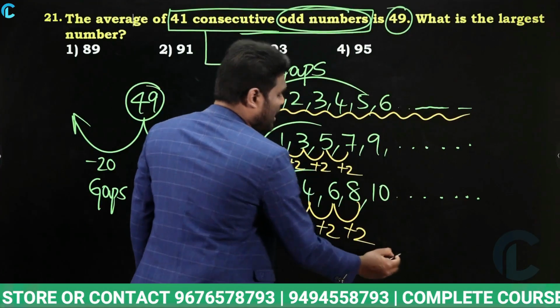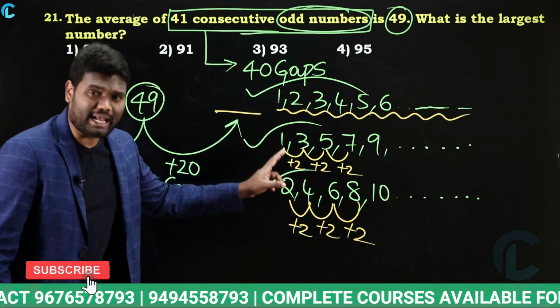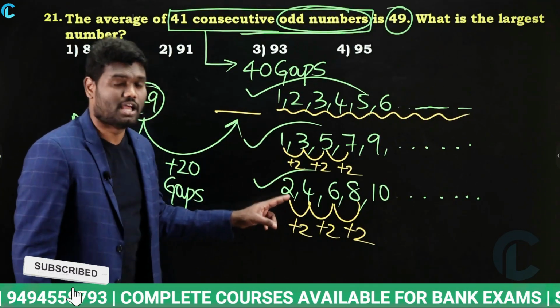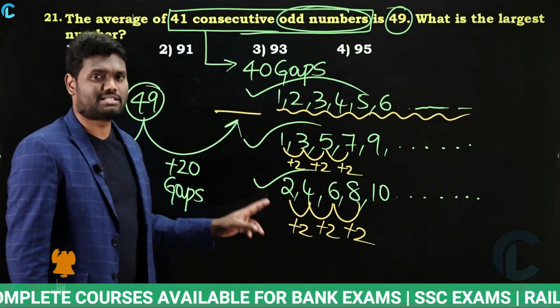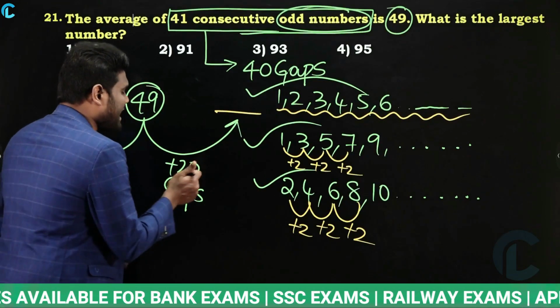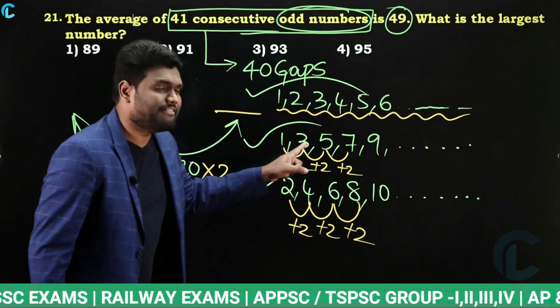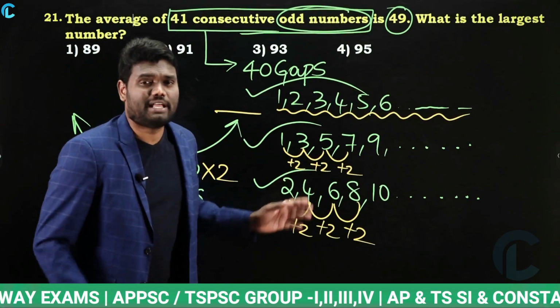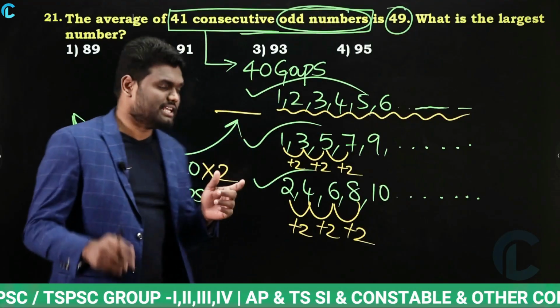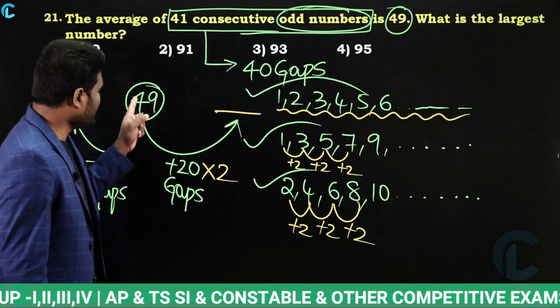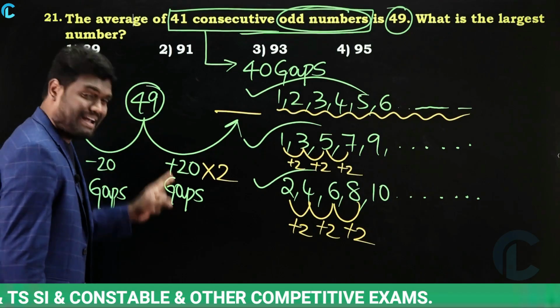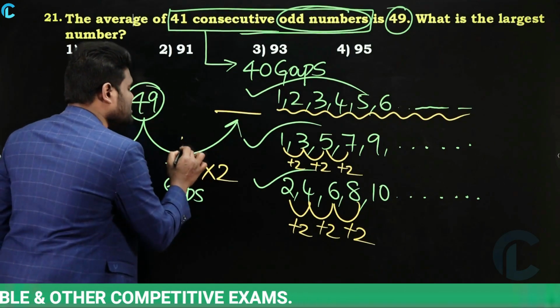Now, as it is consecutive odd numbers or consecutive even numbers, the number of gaps should be multiplied with 2. Why? Because for even numbers or odd numbers, the gap is going to be 2, 2, 2, 2. That is the reason you need to multiply it with 2. So look here, 49 plus 20 into 2, which is 40.